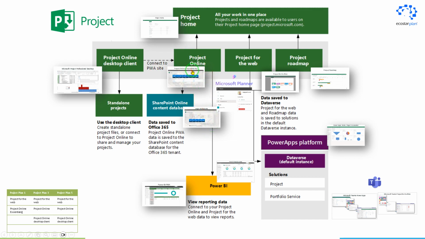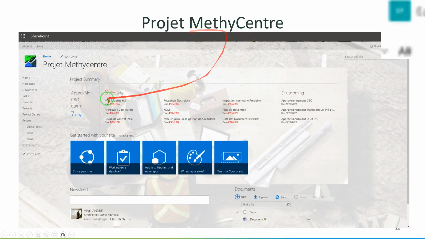Further, all this can be synchronized with SharePoint Online Content Database. So this means that for our project, we can have an individual SharePoint site where you can do, as usual, share documents, upload new documents, have a news feed. So you have your own SharePoint for each individual project. So this is kind of powerful for complex projects.